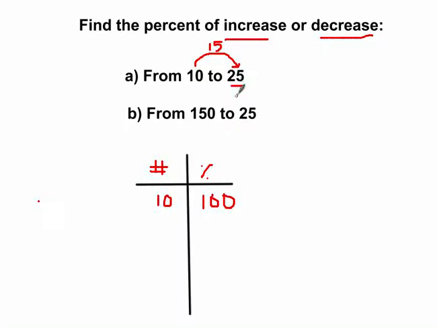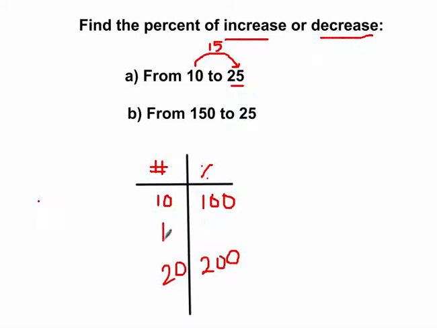We must be increasing by more than 100% then, because we're getting to 25. And obviously we are, because we're increasing by 15. So another way to look at it, if we increased by 20, that would be like increasing by 200%, because this table is moving in a ratio.